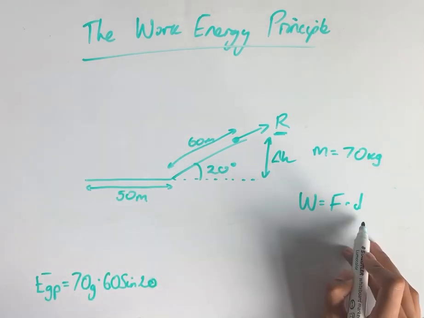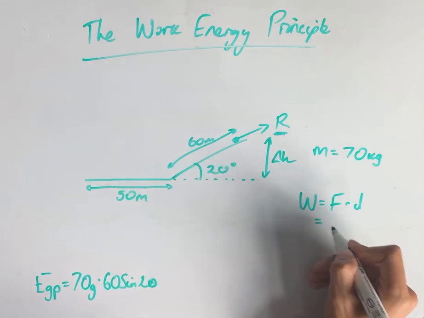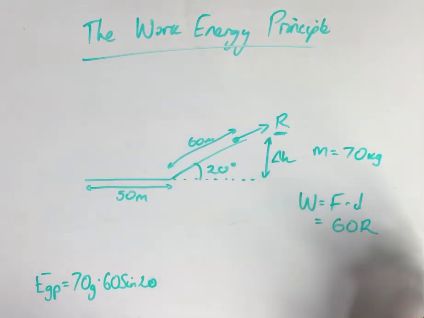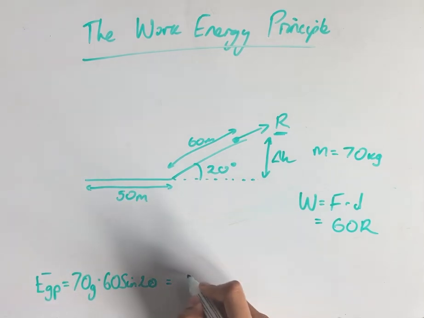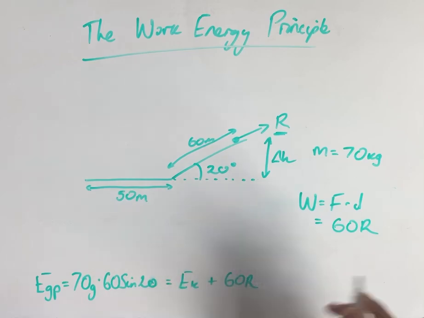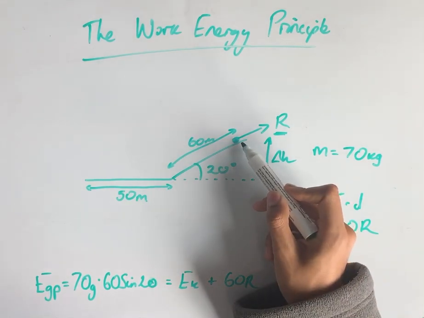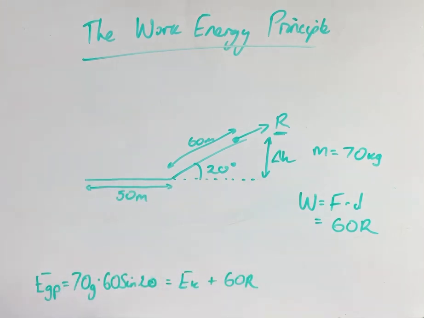We know that the work done against friction as it travels 60 meters will equal 60R, because the size of our frictional force is R. So that means this gravitational potential energy is equal to the sum of the kinetic energy and the work done against the particle by the work energy principle. Because all the energy over here is gravitational potential, and here it's all kinetic and work done against friction. So we have this equation over here.